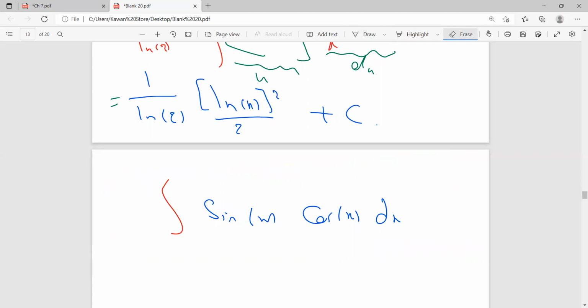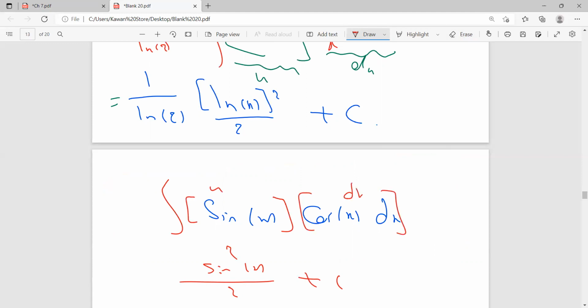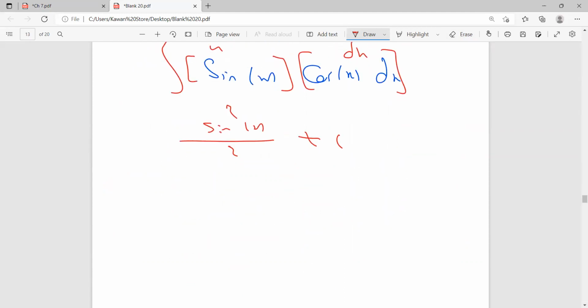Exactly. It's equal to Ln squared of x over 2 plus c. Am I right? How? You make that one u in your mind, and that one du. The same idea. Ln is like a function. Now you can imagine it, right? That's good. So now solve that one for me. That's why I say it's very important.